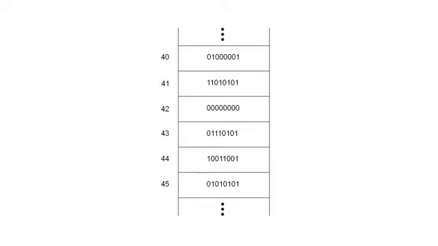Now, it would be horribly inconvenient for us to have to actually use the addresses of the memory locations in our C# source code. So we'd really like a way to name a particular memory address with a name that is meaningful to us as the programmer.